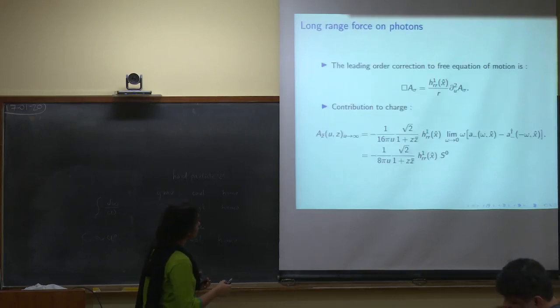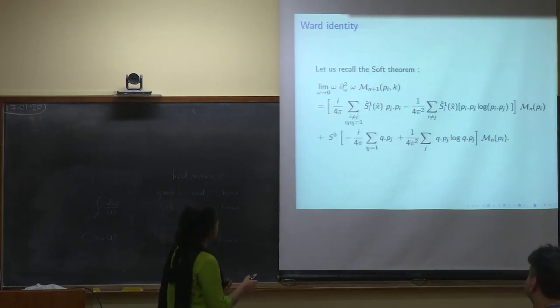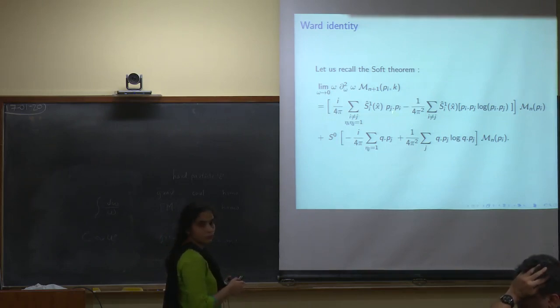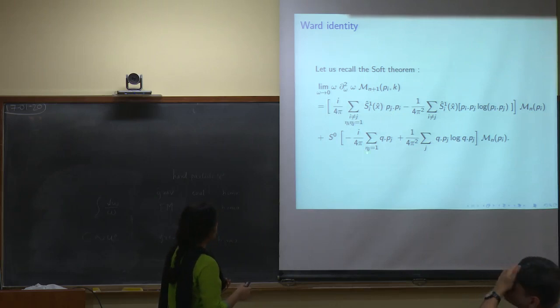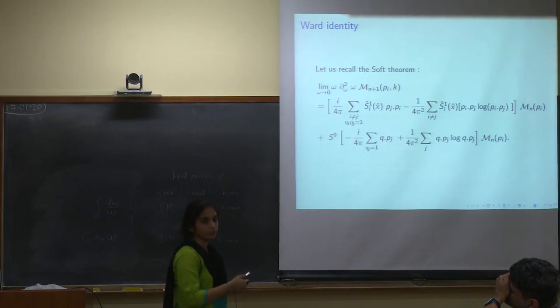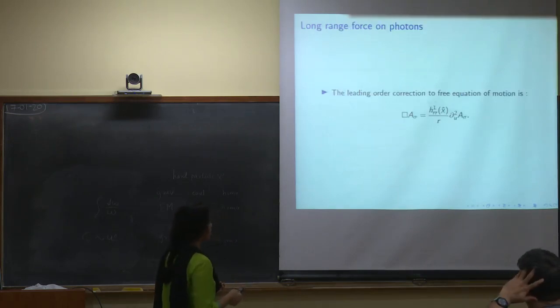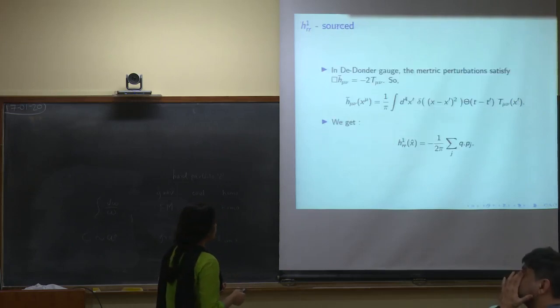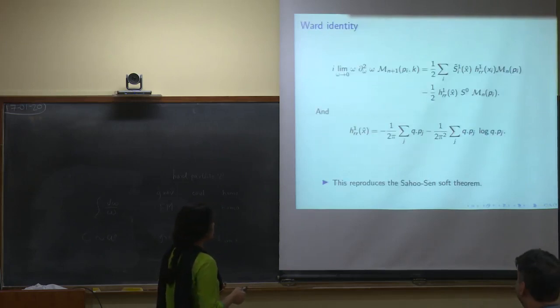So here, just 1 second, I'll go back to the soft theorem. So here we have pairwise interactions for the Coulombic modes, but here those are absent. So one particle is sensitive to the effect of all the particles here. And can I see that in the formula, please?